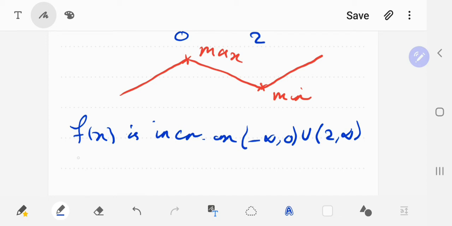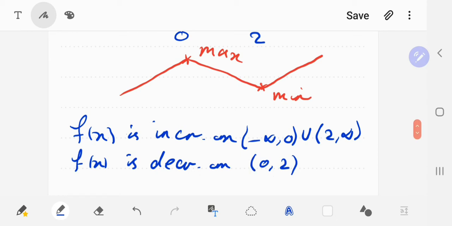And f of x, again, will be decreasing on 0 to 2. And it doesn't make a difference when you are describing increasing and decreasing if the intervals are open or closed, because we are describing the behavior of the function. So it does increase from here to there. If it's defined at 0 or 2 or not, that does not make a big difference. The function will still be increasing or decreasing.